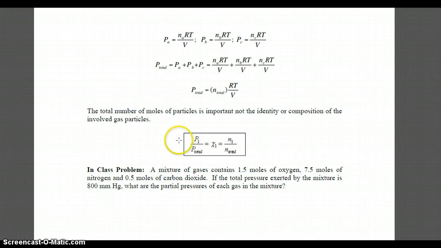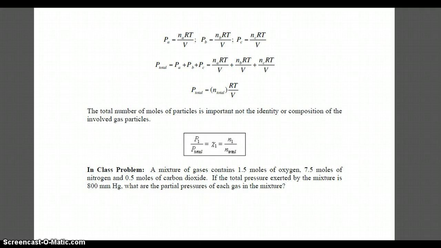Okay, so another way to think of this is that our partial pressure divided by our total pressure is equal to, or proportional to, our partial number of moles of gas divided by the total number of moles of gas.